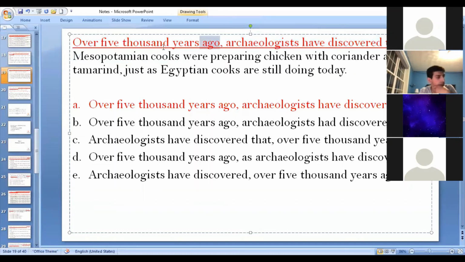If I say 5,000 years ago, archaeologists, it was the age of the Mesopotamians, so there were no archaeologists then. Did you see the common sense? We need a modifier close to Mesopotamian, and that is in option C. Archaeologists have discovered that over 5,000 years ago, cooks were preparing chicken with coriander.